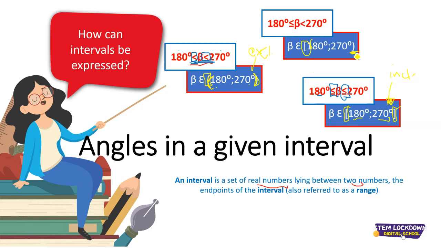So included will be 269.999, but not 270. Hope we are both on track, guys. Any questions you will leave in the Q&A section, and we will have a look at them in the last 10 minutes of the class. We'll do a few practice examples around what we do with intervals and how we work with intervals in trigonometric equations.